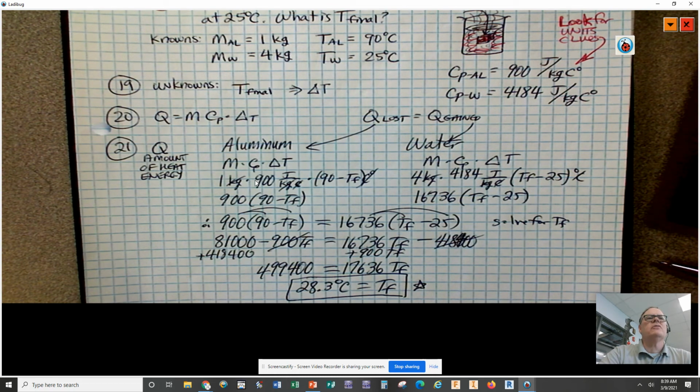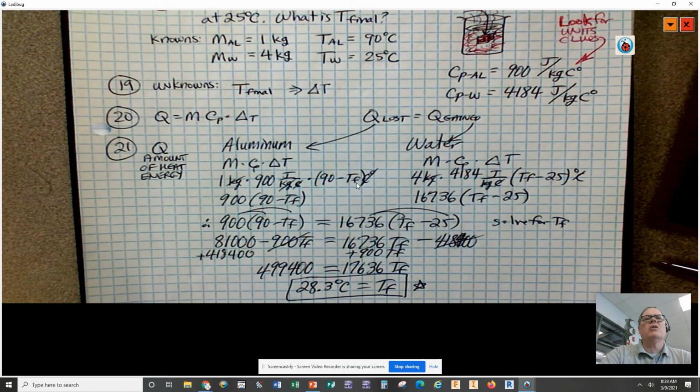So MC delta T: the mass of the aluminum is 1 kilogram. I'm just substituting in the formula now. The specific heat capacity of aluminum is 900, and the delta T is 90 minus the final temperature. If I simplify all of this, I get 900 times (90 minus TF).